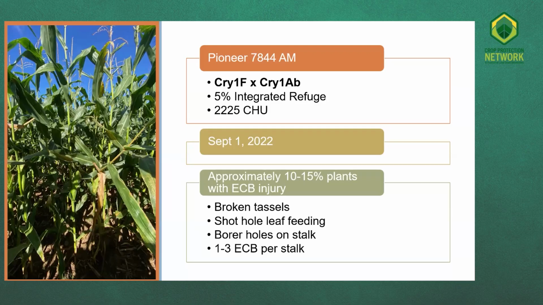And so we've continued to monitor populations in that region from where the original resistance was found. And we were able to find a population that has developed resistance to Cry1AB in addition to Cry1F from that original spot. So that's unfortunate.